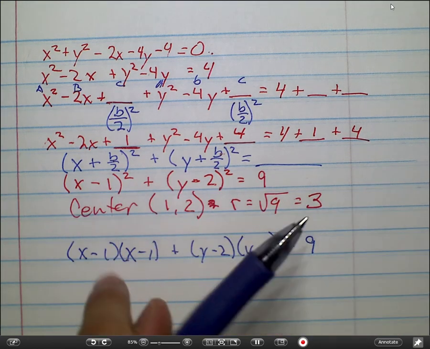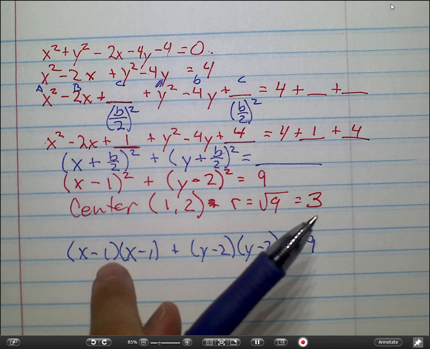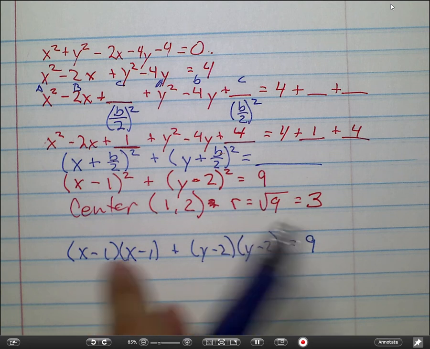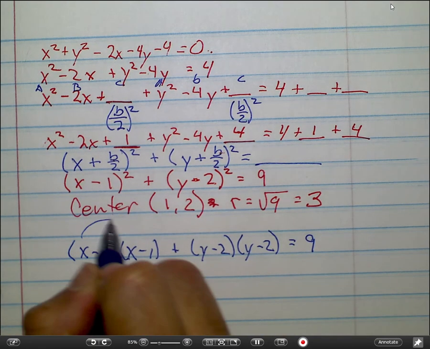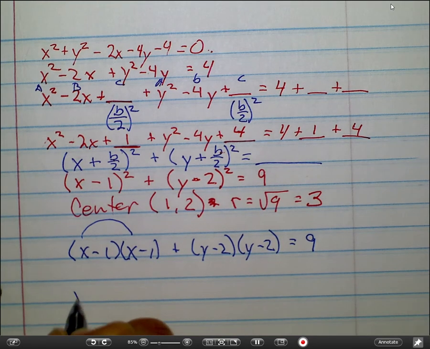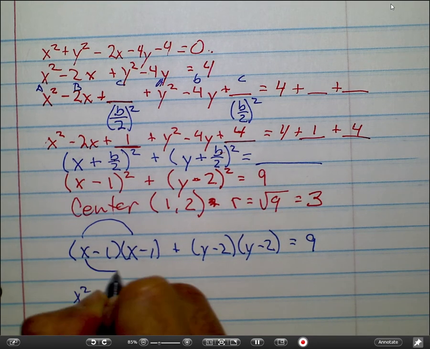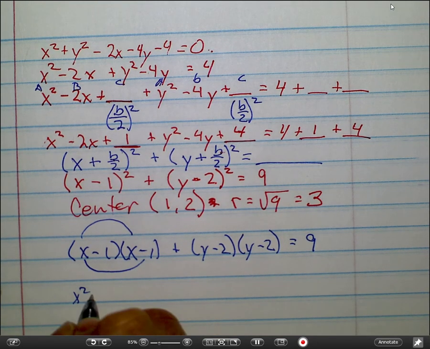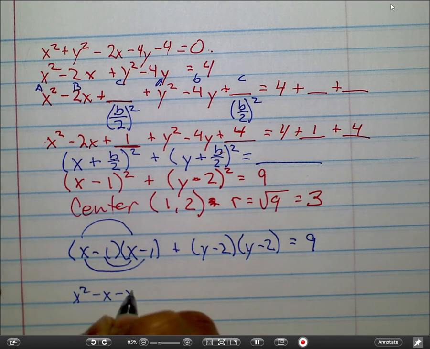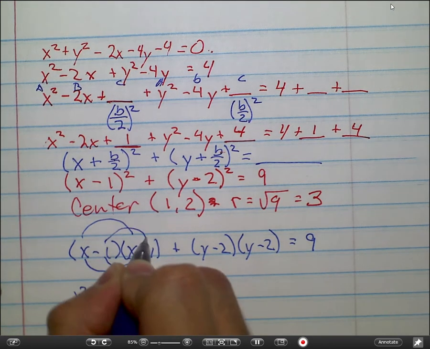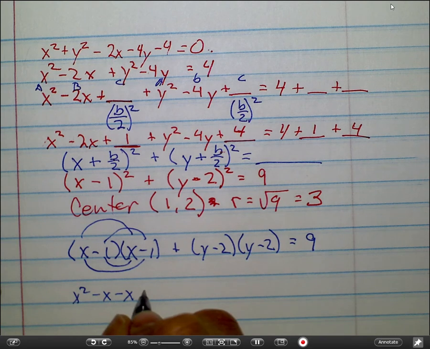I don't know if you remember this from algebra, so I'm going to FOIL this. I'm going to do my distribution. So x times x gives me x squared. x times negative 1 is negative x. Negative 1 times x, negative x. And then negative 1 times negative 1, plus 1.